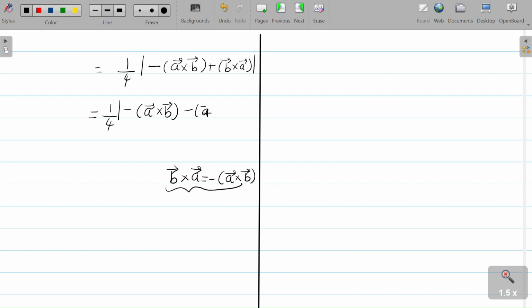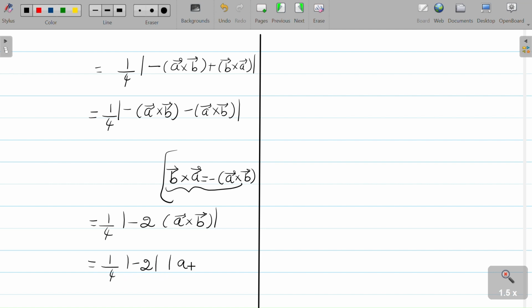After applying this rule, we have 2 times of minus A vector cross B vector, so that we have 1 by 4 modulus of minus 2 times A vector cross B vector. If you take the modulus, we have 1 by 4 into 2 modulus of A vector cross B vector, since modulus of minus 2 will be 2.